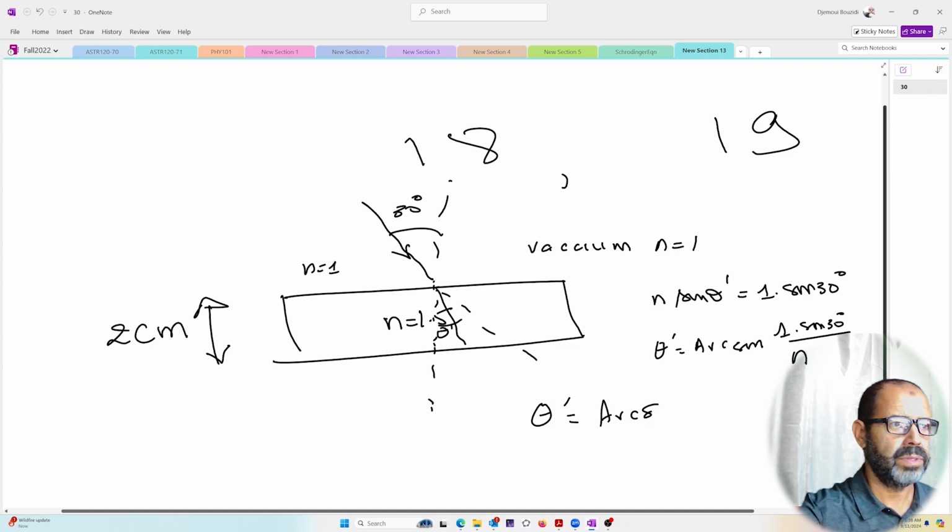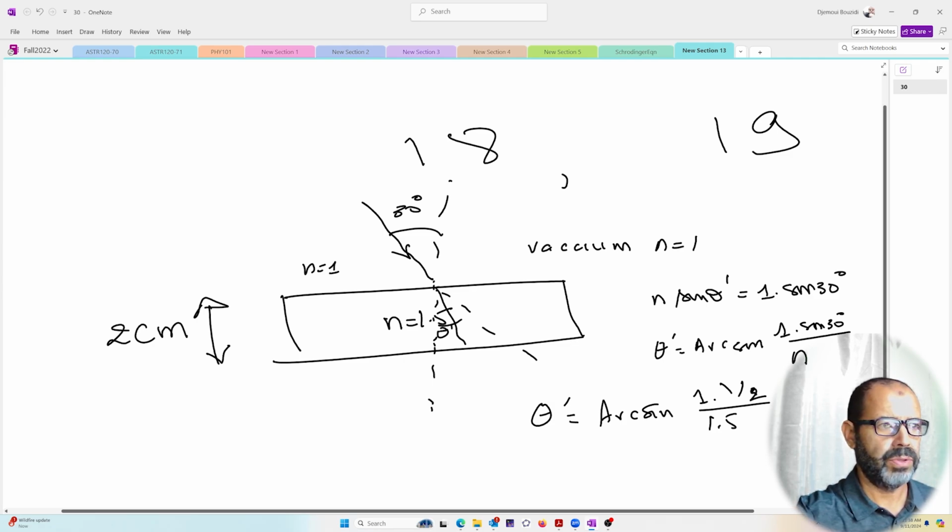Arc sine of 1 times sine of 30 degrees, which is 1/2, divided by 1.5, or 1/3. 1.5 times 2 is 3. So that's basically the answer.